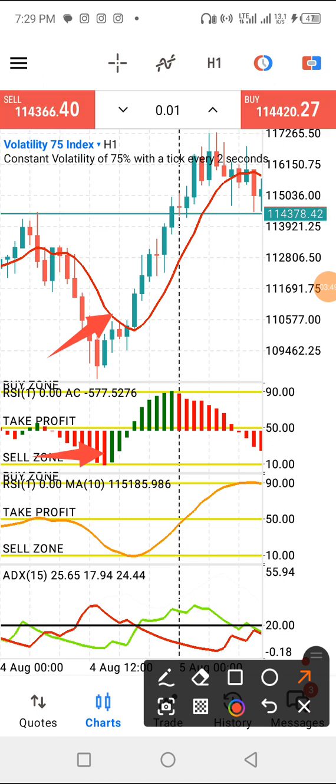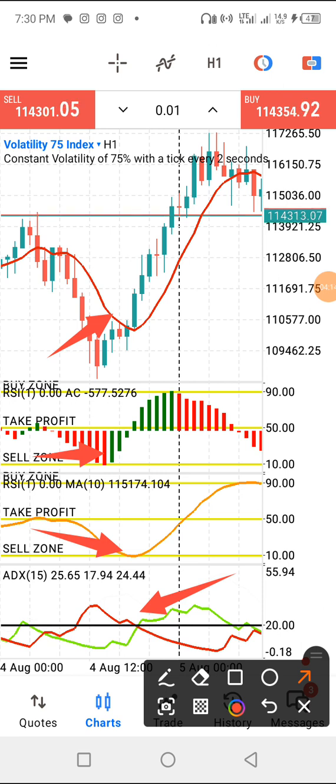Now the second confirmation is in your window 2. You will notice your moving average also is touching the level 10, moving all the way up. Then lastly, the trend. If the trend has strength to buy, you check your last window, which is the ADX.